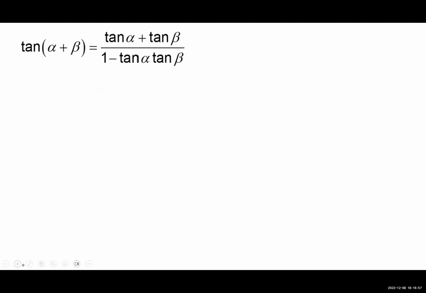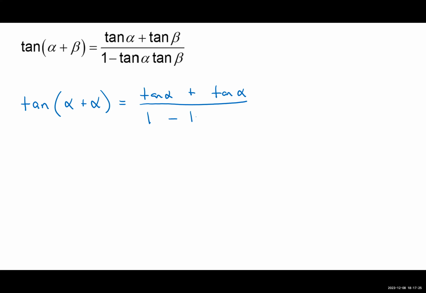Same thing works for tangent and cosine. I'm going to do tangent second, and I'll do cosine third. We don't have to do things always in the same order. So if, again, alpha and beta are the same, that becomes tangent of alpha plus alpha is equal to the tangent of alpha plus the tangent of alpha divided by 1 minus the tangent of alpha times the tangent of alpha. Just replace the beta with the alpha. Two angles are the same.